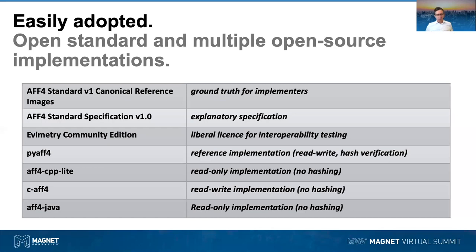And then we've got C++, C, and Java implementations, which are read-only, other than the C one, which is read-write. The main limitation there being that none of those implementations involve hashing, which is something that needs to be implemented on top.